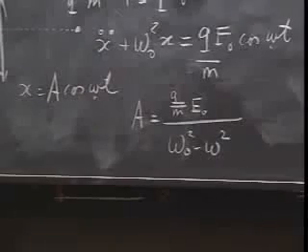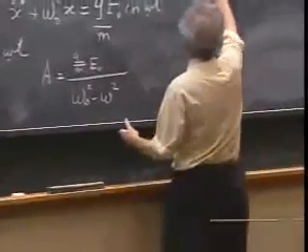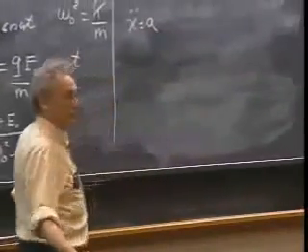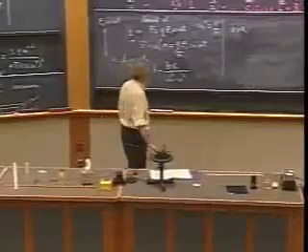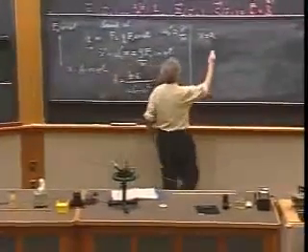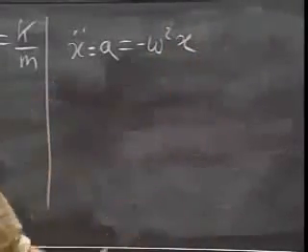But now we want to know how much radiation it's going to produce. So now we have to calculate what x double dot is, because x double dot is the acceleration of the electron, and then we want to see how much radiation comes out. The x double dot becomes minus omega squared times x. It's just taking the second derivative, right?